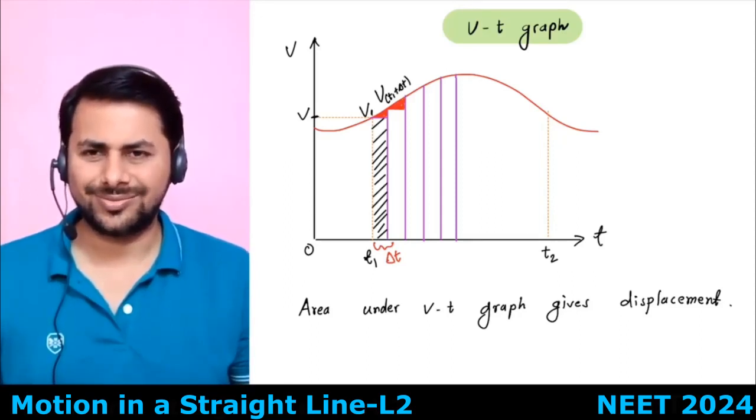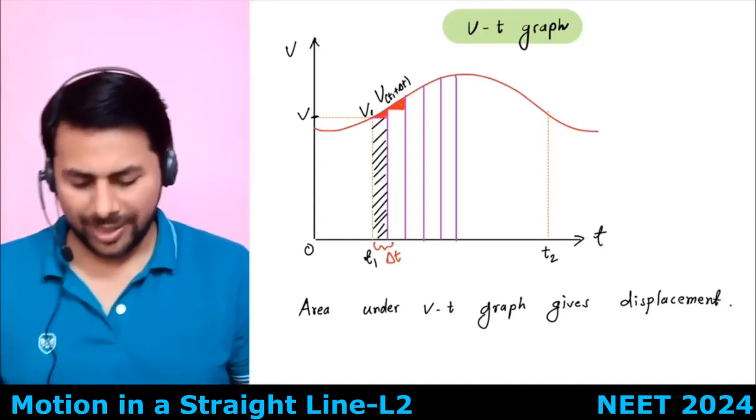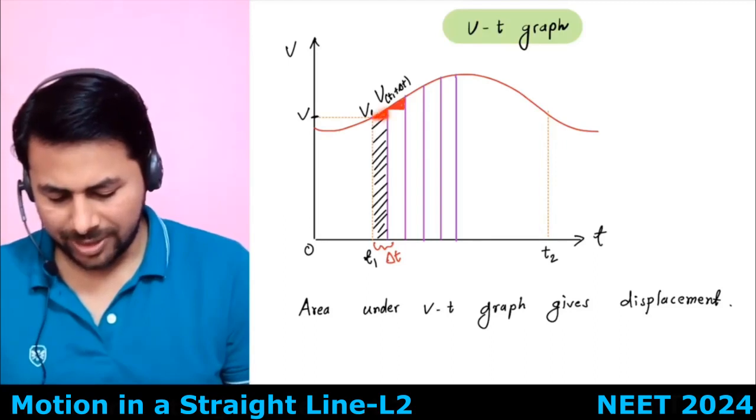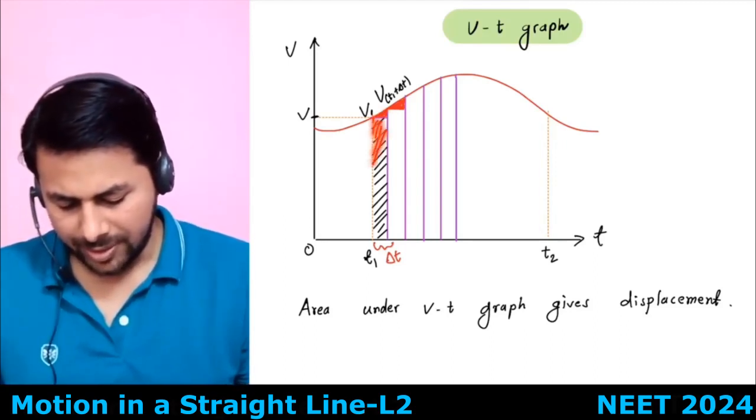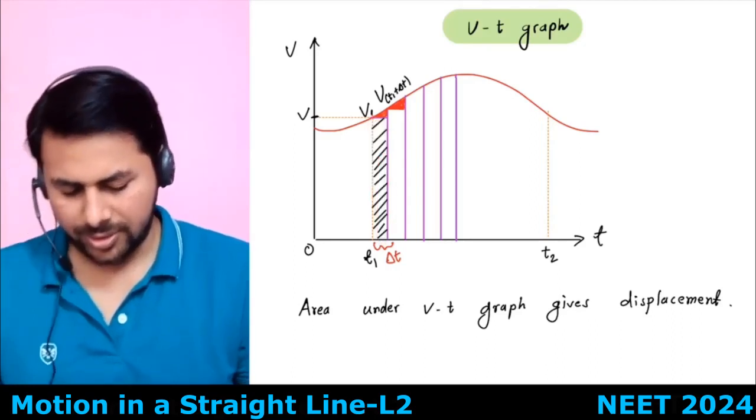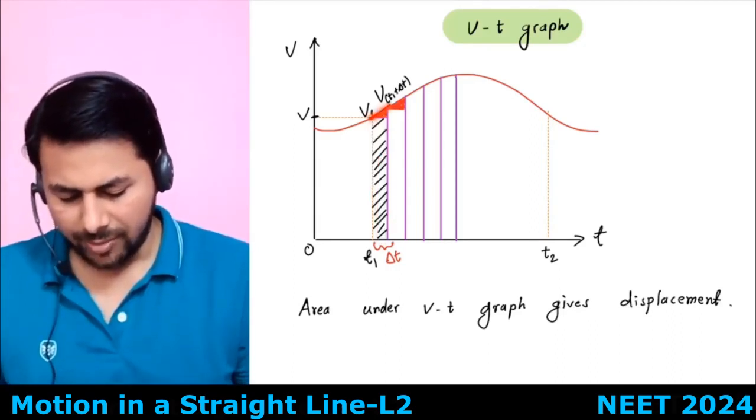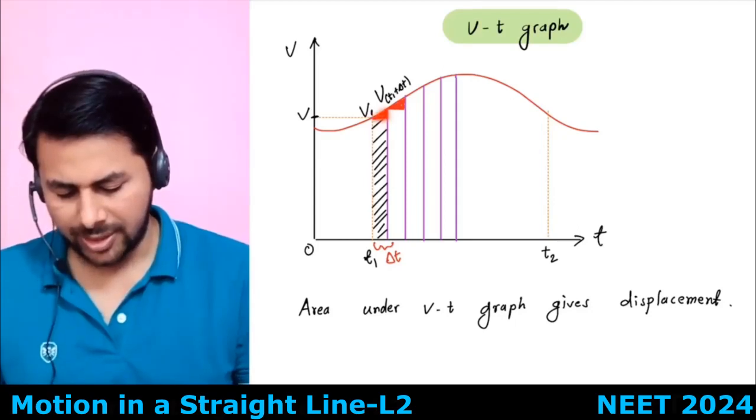Yes or no? Yes, sir. There will be some error. You can see there will be this much error. When I am measuring the area of this rectangle, it's not really the area under this curve because I have missed this much area.